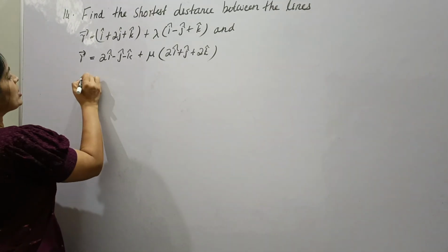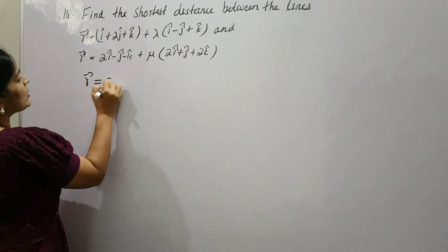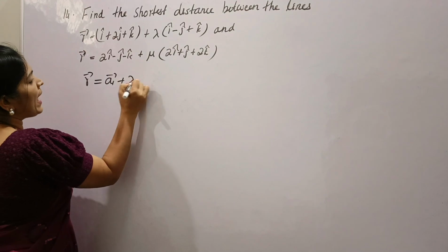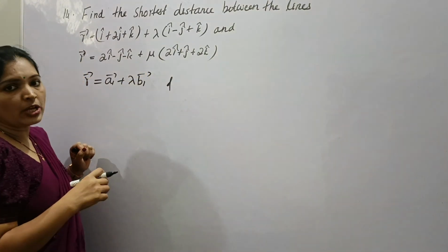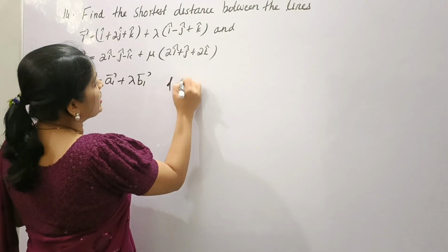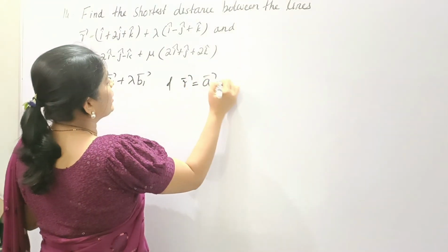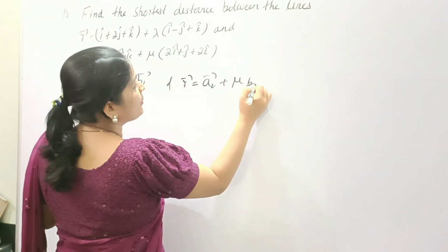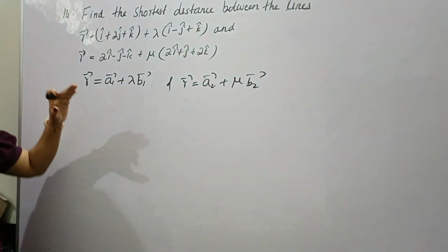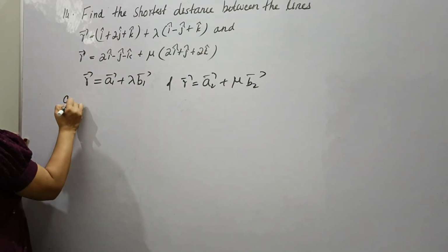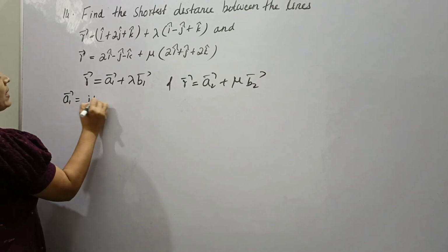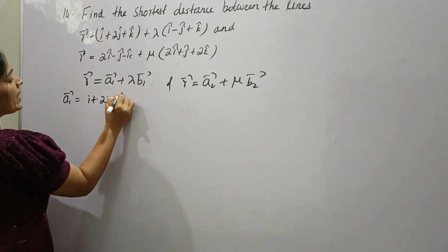So let's compare these equations with vector r is equal to vector a1 plus lambda vector b1, and another vector equation of line, vector r is equal to vector a2 plus mu vector b2. So here we will get vector a1 is equal to i + 2j + k.